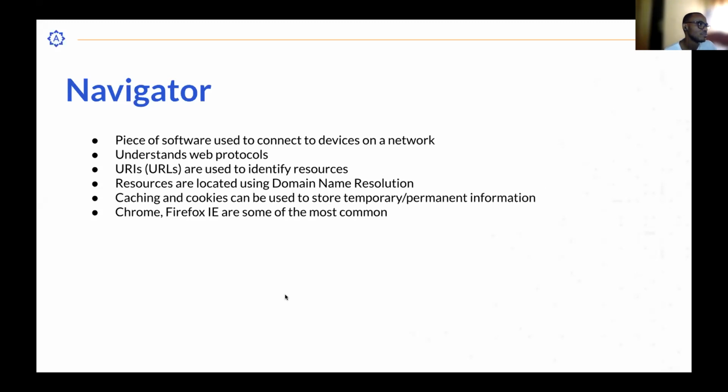I wanted to ask here on the previous point, is URI the same as URL? And if they are not the same, what is the difference? I can say the difference is more historic than technical.